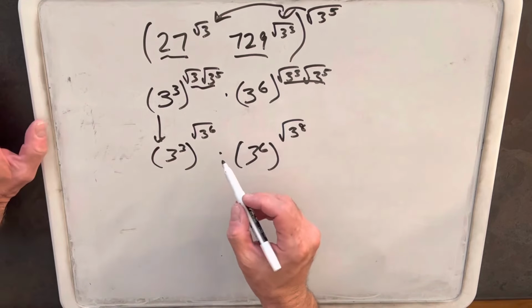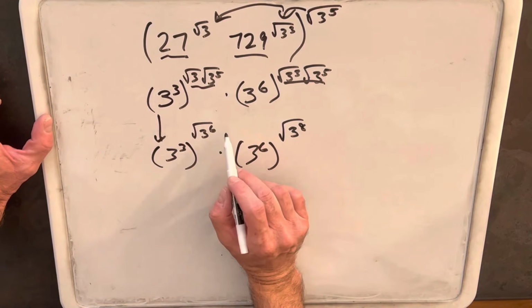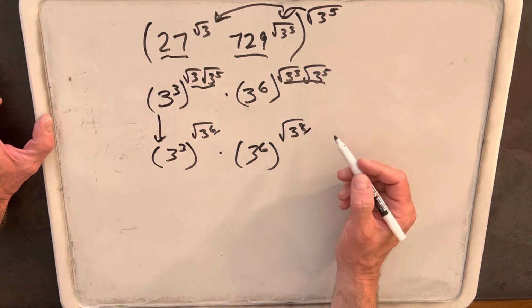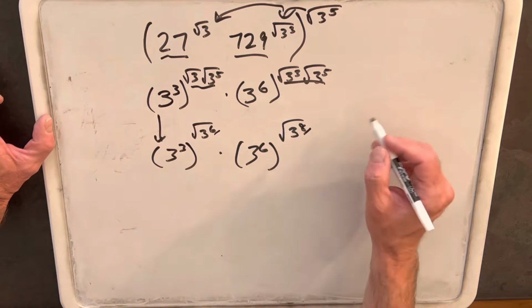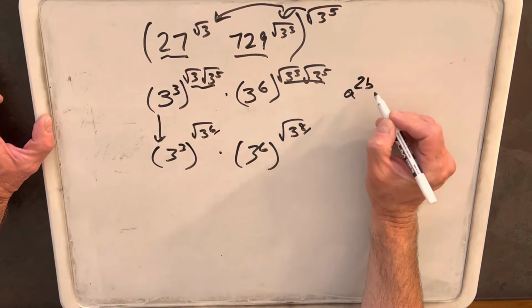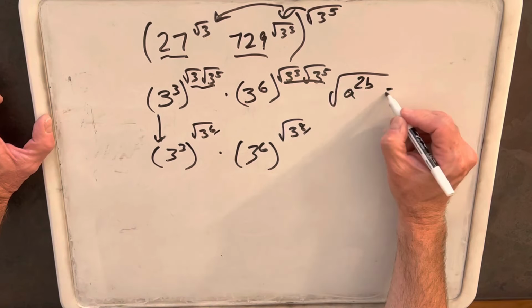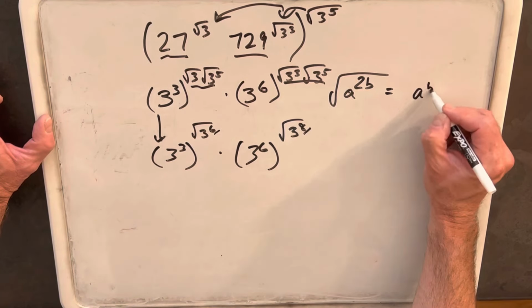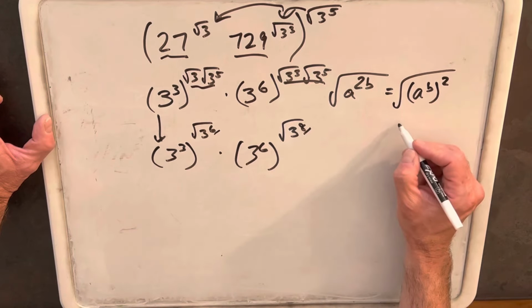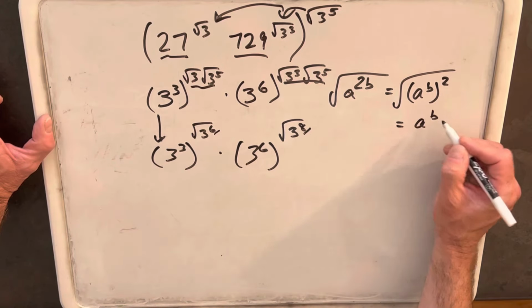Now when we have inside the radical, if we have an even number, we can just take half of it. So in other words, if we have some number like this in a radical, it's pretty clear that we can just rewrite this as a perfect square, and then this is just going to be a to the b.